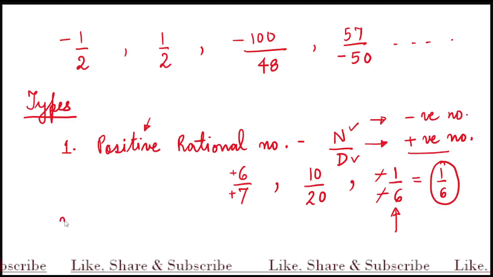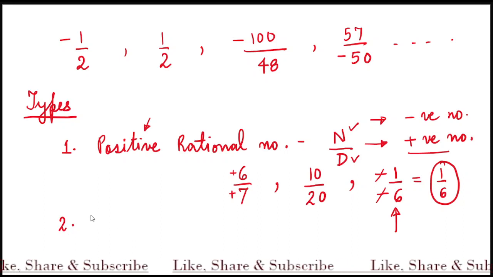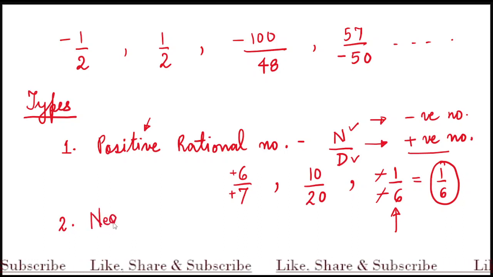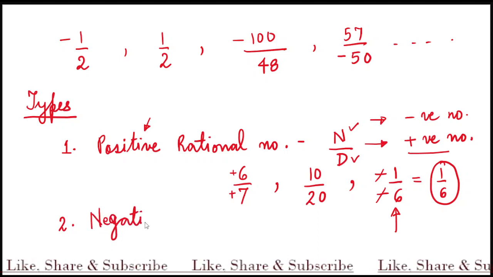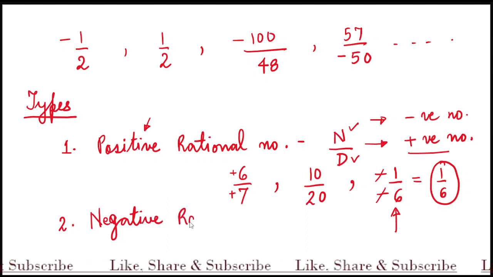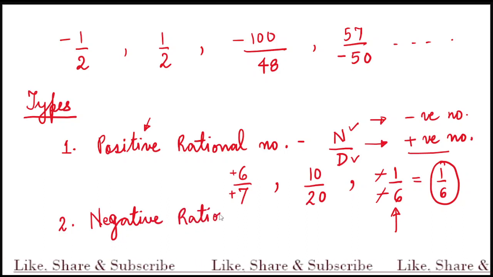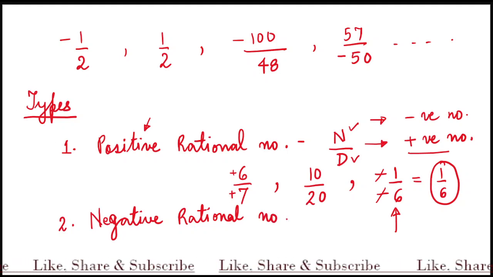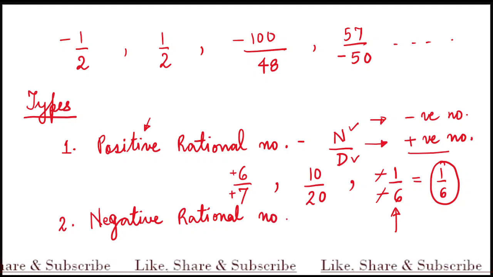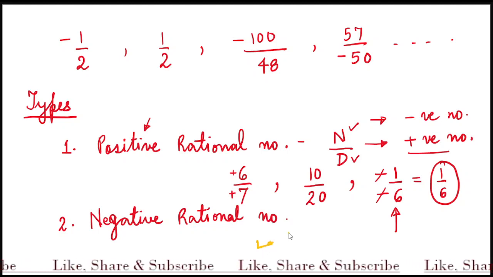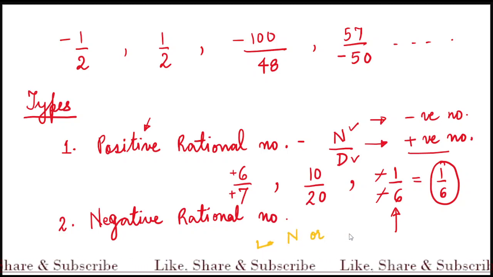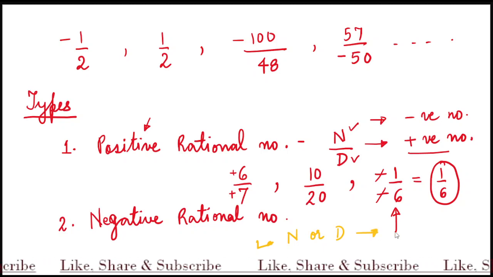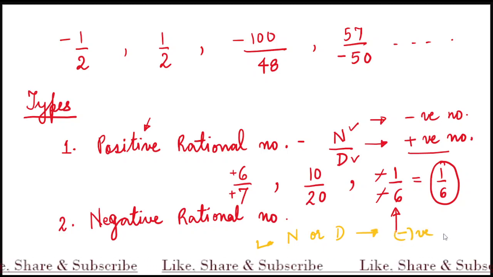Now coming to the second type of rational numbers, which are negative rational numbers. What are negative rational numbers? It is very clear from the name itself that these are the rational numbers in which either the numerator or the denominator is a negative number.